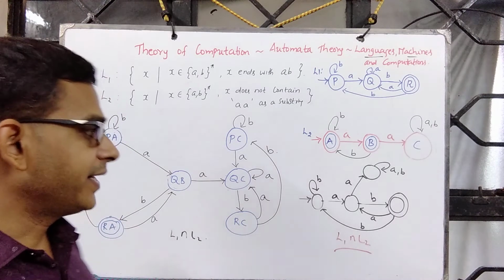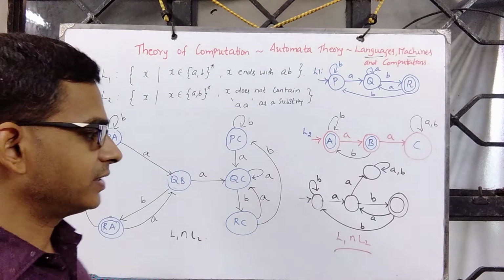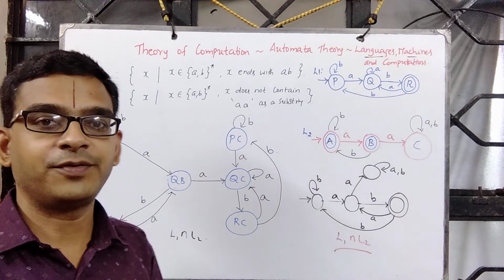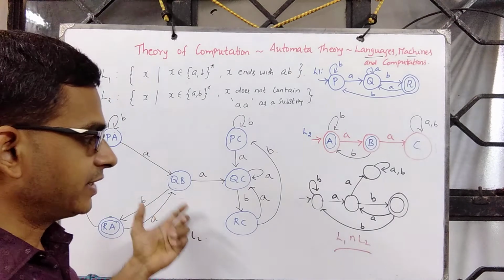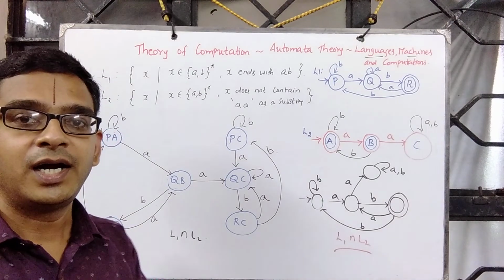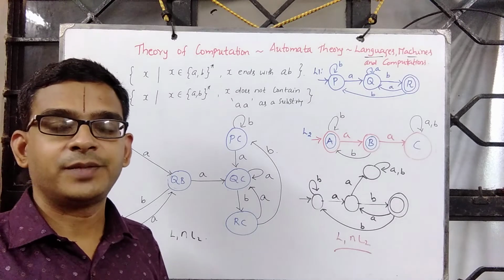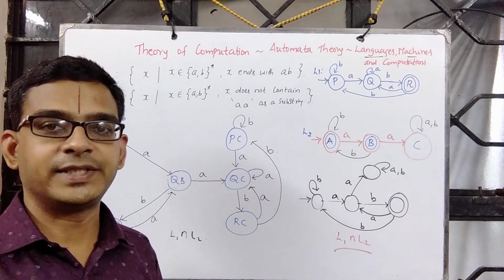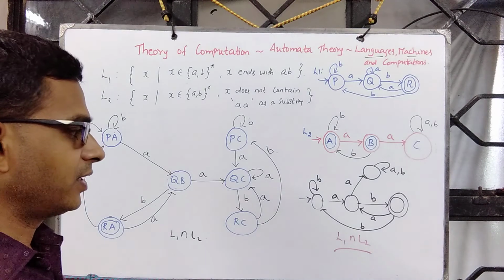On the other side, L1 is a set, L2 is a set, accepting sets of strings over an alphabet. Now it is natural to ask, can we apply some set theoretic operations like union, intersection and set minus, and talk about new languages that one can obtain from the given two sets, namely L1 and L2. So that's precisely what we have done.